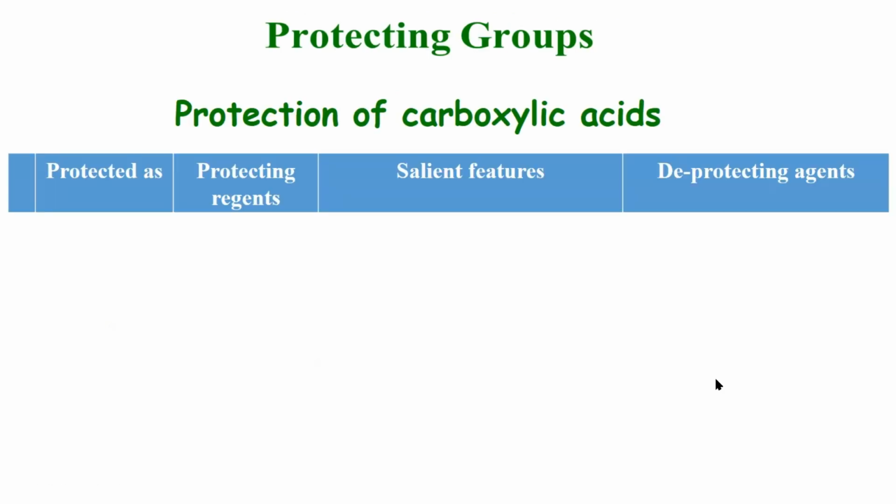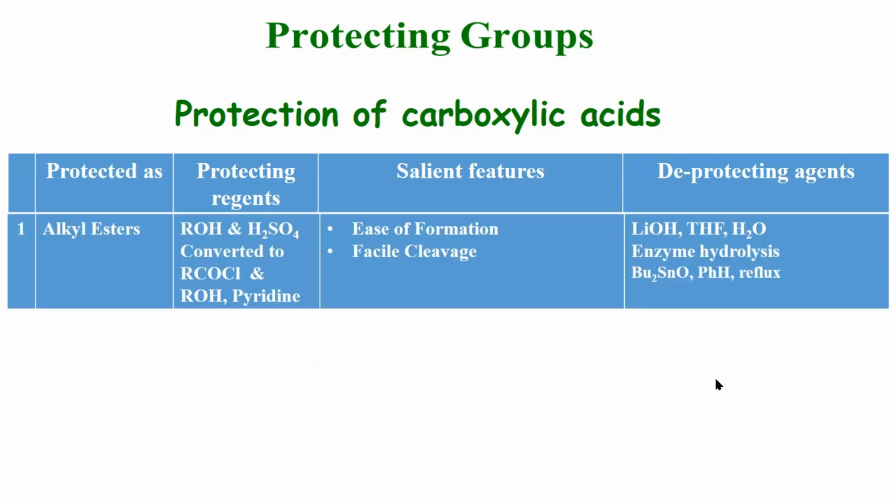Overall, there are four methods of protecting the carboxylic acids. The alkyl esters are generally protected by using a protecting reagent like alcohol in the presence of sulfuric acid, or the acid can be converted into acid chloride and then treated with alcohol in the presence of a base.